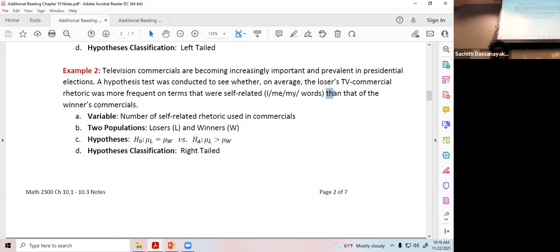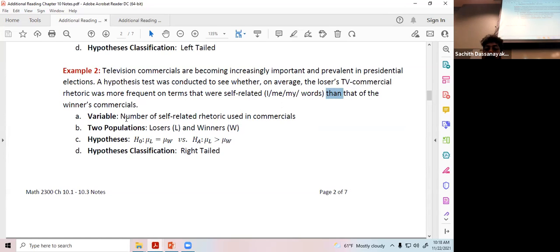So on the right hand side you have your mu naught, the given mu. Left hand side you always have mu.